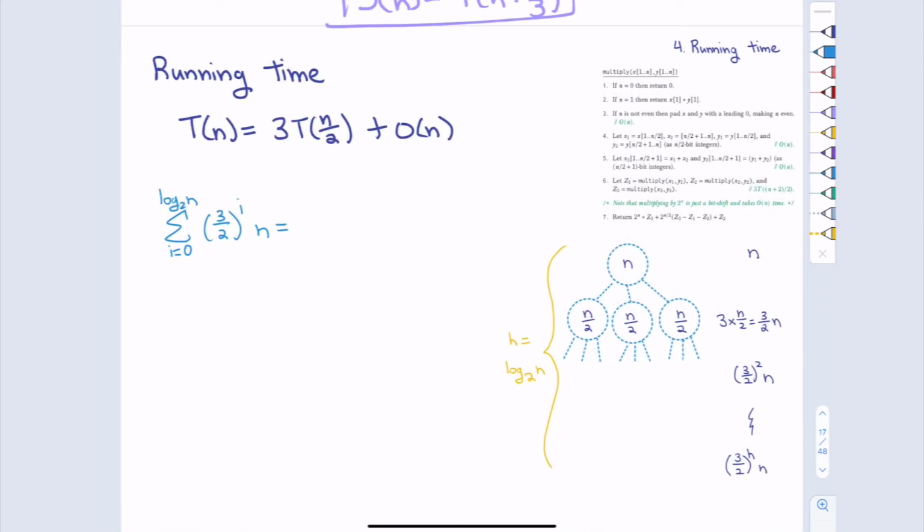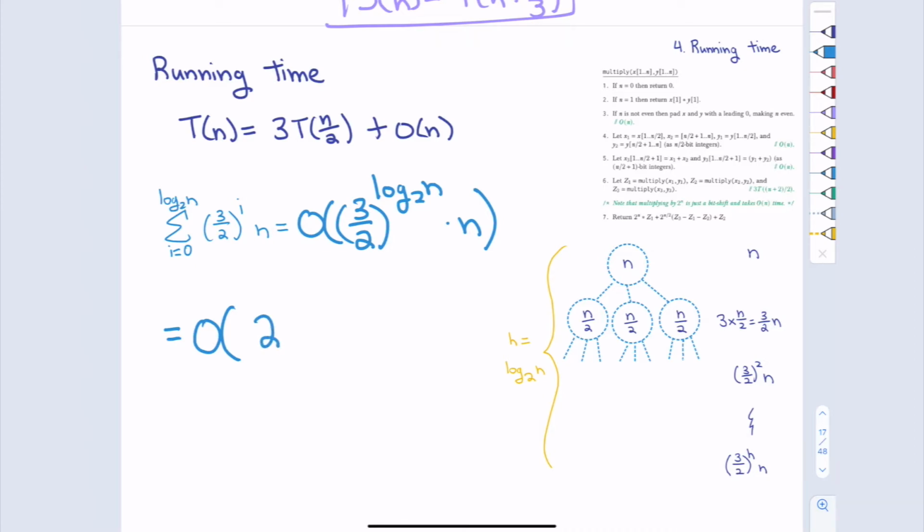Okay, so this is going to be the height of the tree, again times n. How do I chip away at this? Well, you can do a couple different things.